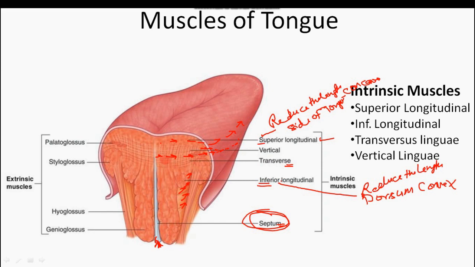We can see here this is the hyoglossus, and this one is the genioglossus. They run through the genioglossus fibers and are inserted on the side of the tongue.